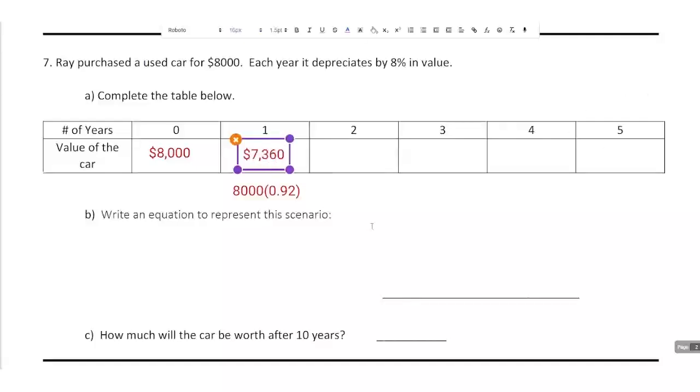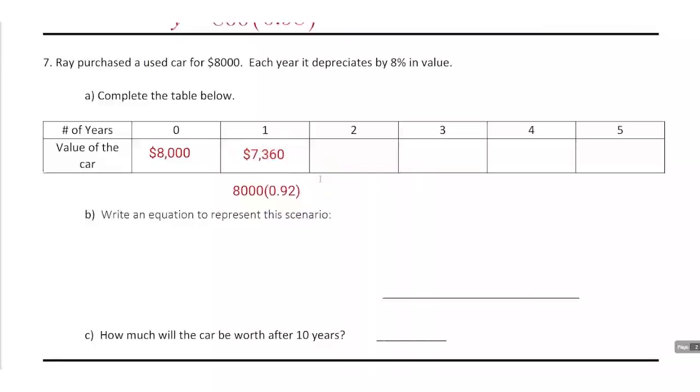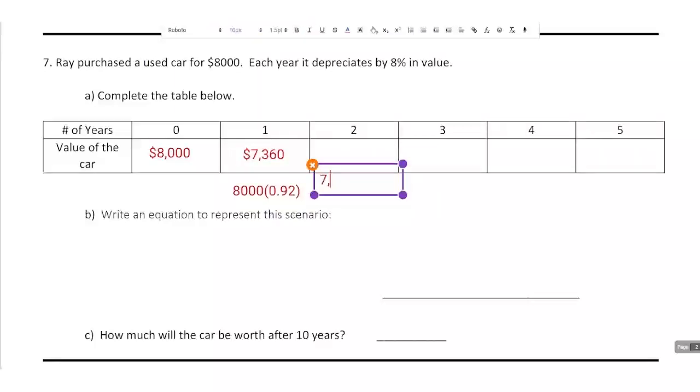And that gives me $7,360. And then I'm going to multiply that by 0.92 again. So to get this one, I get 7,360 times 0.92. Now we start getting some decimals here, so we're going to have some change. So we have 6,771.20. Then we're going to take that number and do the same thing.